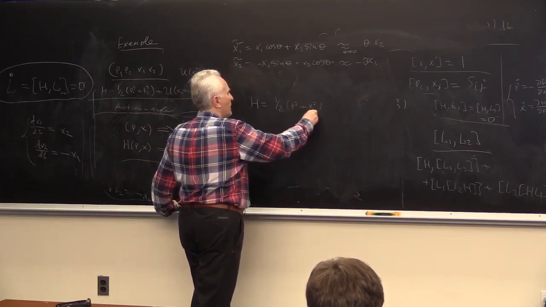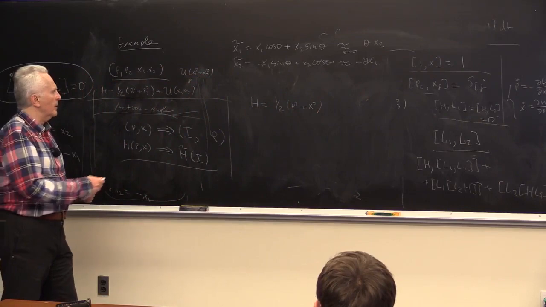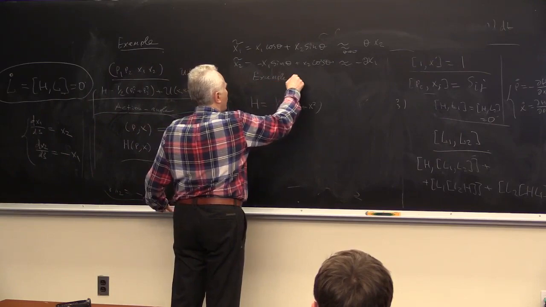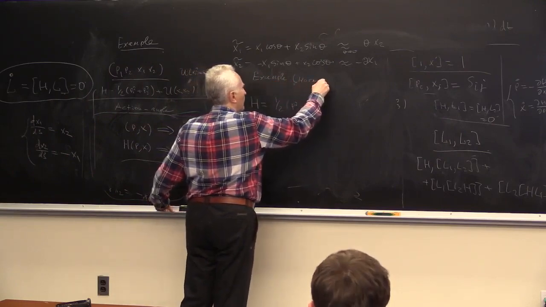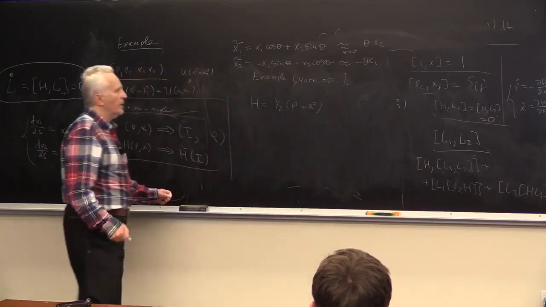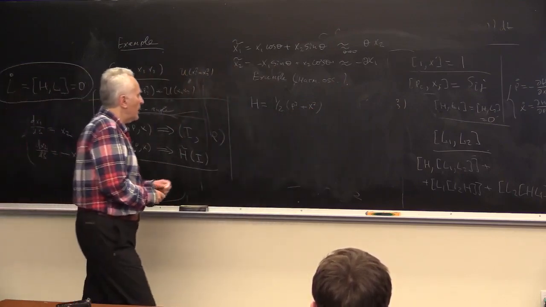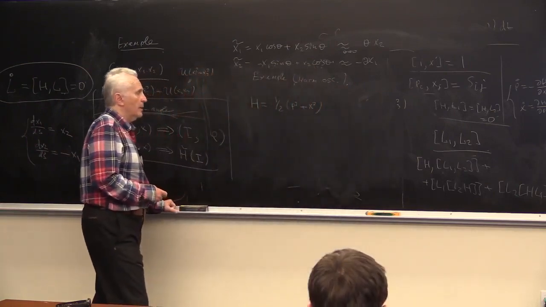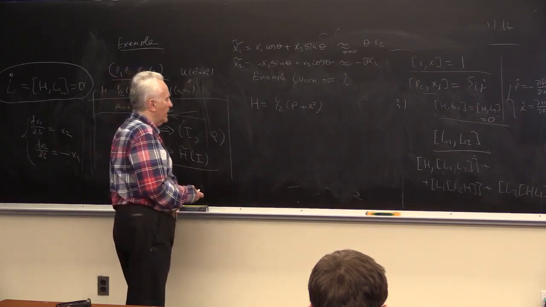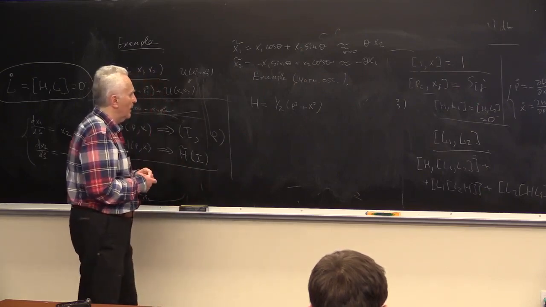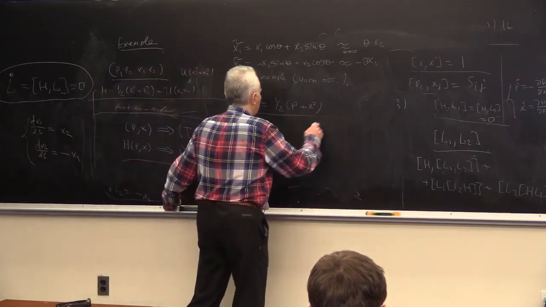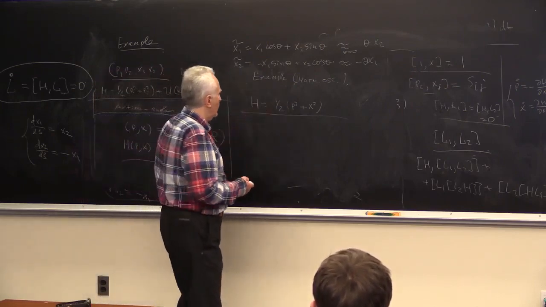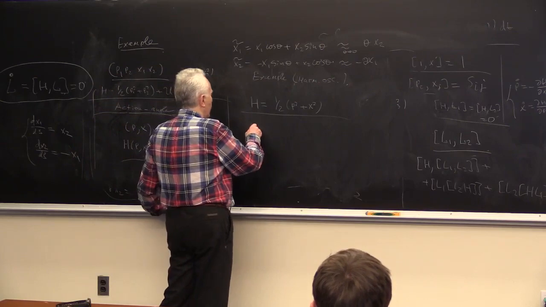Let's take a harmonic oscillator, as an example. And let's try to change variables in such a way that the Hamiltonian is a function only of momentum.